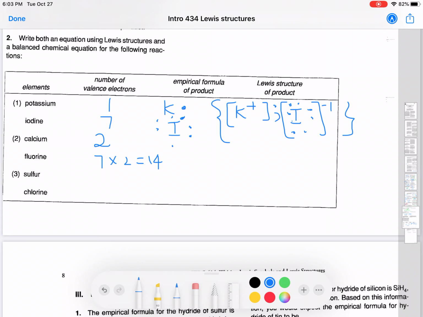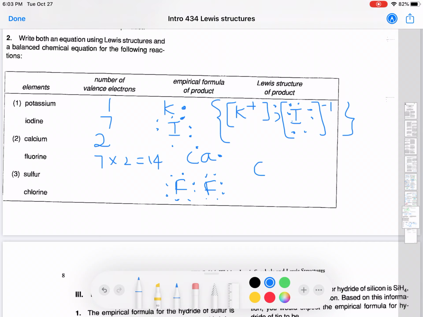So the calcium would be with 2 electrons, and then the fluorine would be a diatomic molecule. Since there are 2 valence electrons for calcium, it needs 2 fluorine atoms, and we can use this diatomic molecule. This is the Lewis structure for fluorine, like this. These two combine to give you the Lewis structure.